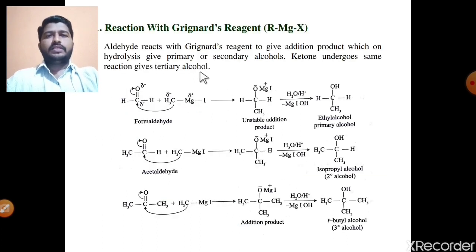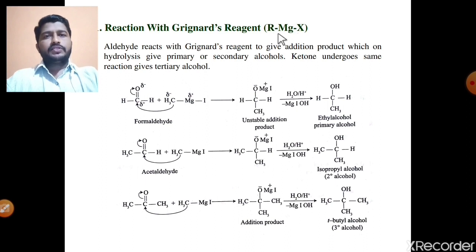Number one, reaction with Grignard's reagent. Basically, the structure of Grignard's reagent is RMgX. R may be an alkyl group, aryl group or cycloalkyl group. Magnesium is an electropositive metal and X is a halogen, either chlorine, bromine or iodine. The R group is directly bonded to the electropositive metal magnesium.